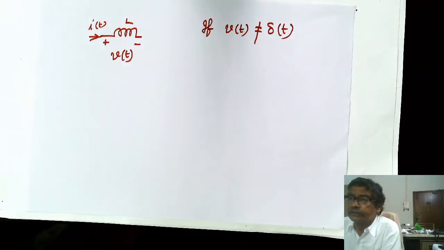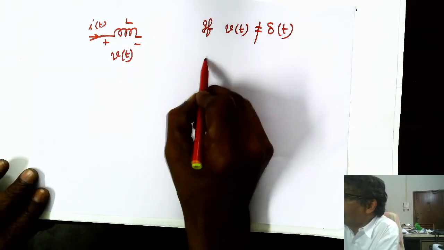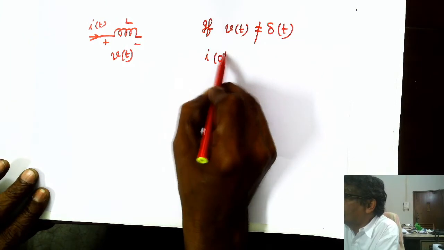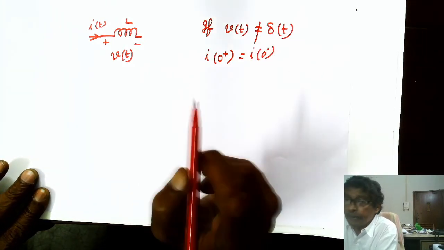Suppose mentally I am prepared that in any case I am not going to excite the circuit with delta t. In that case, I0 plus and I0 minus must be the same.